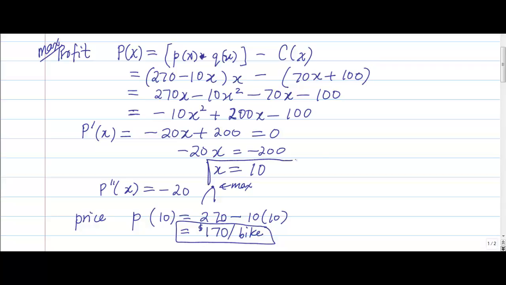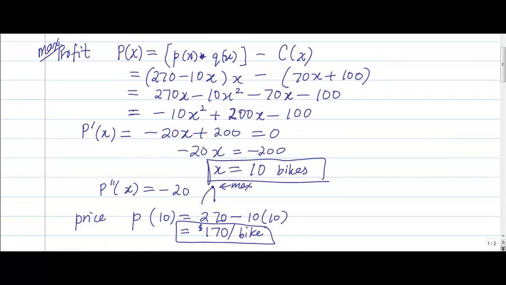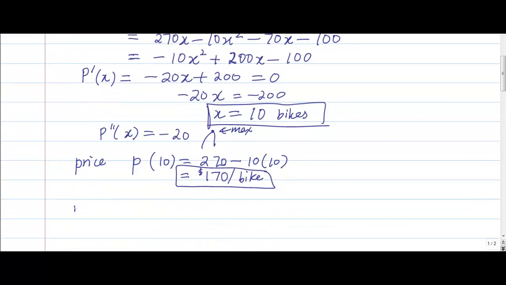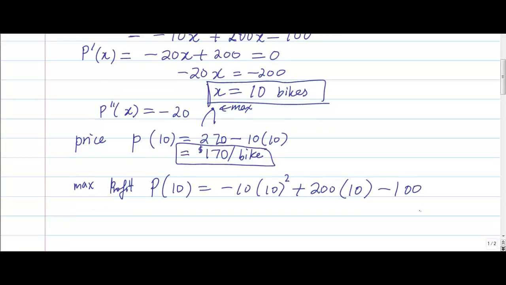That's the price. Here's what it should sell, or produce. What is it? Manufacture. It should manufacture 10 bikes, sell them at $170 a bike, and then the max profit, capital P of 10, is going to be minus 10 squared plus 200 times 10 minus 100.